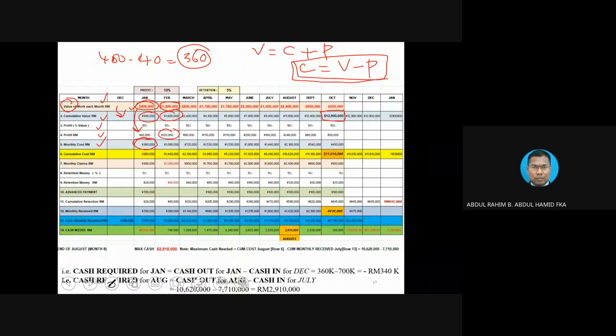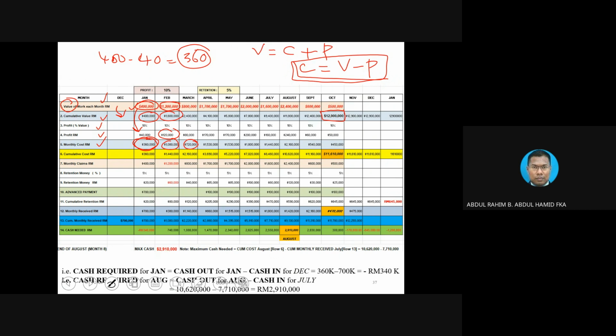So this is what we call 360,000. In Excel, for instance, you can put a formula automatically. Once you run the formula into the first column, the subsequent columns will follow. So this is what we call monthly costs.